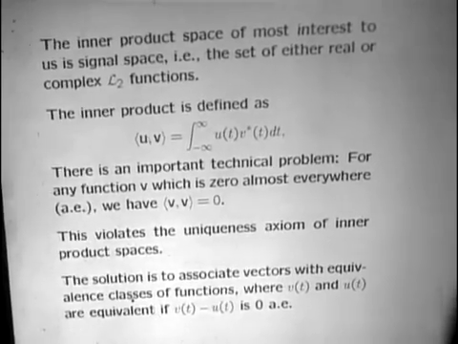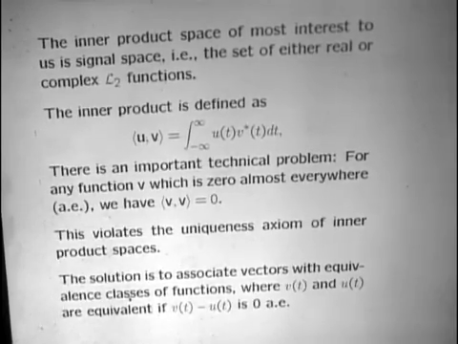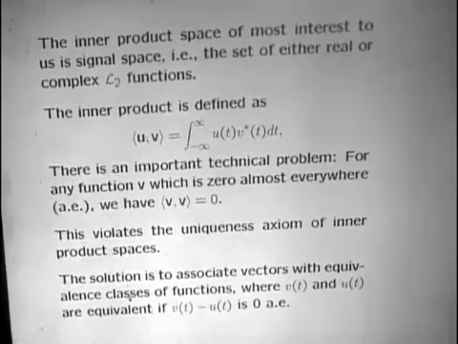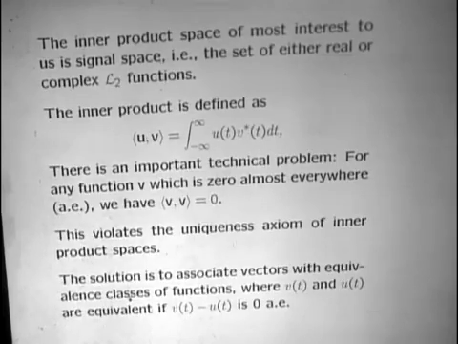There's a big technical problem here. And if you look at it, can anybody spot what it is? No, of course you can't spot what it is unless you read the notes and you know what it is. One of the axioms of an inner product space is that the only vector in the space which has an inner product with itself, a squared norm equal to 0, is the 0 vector.